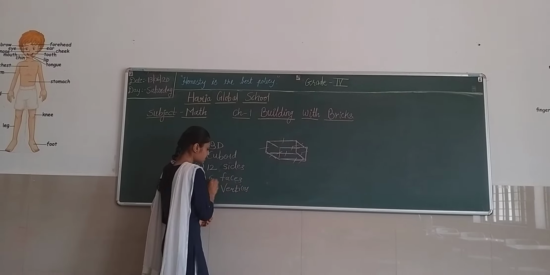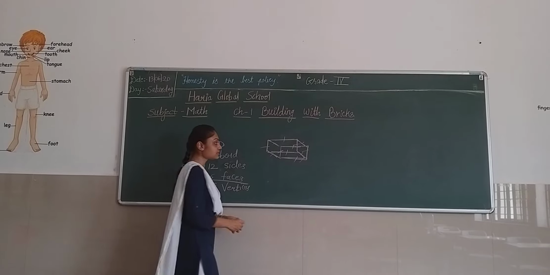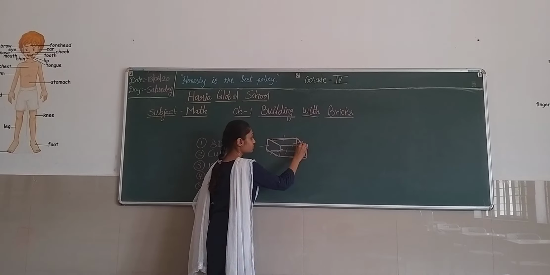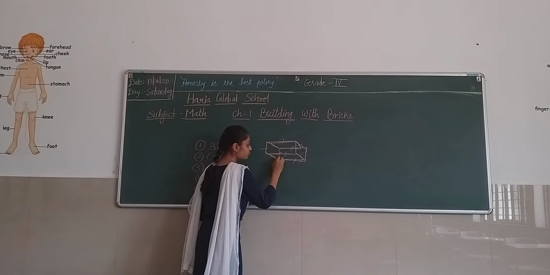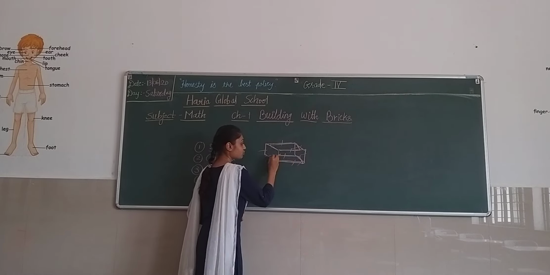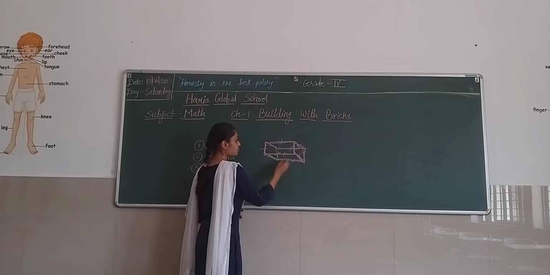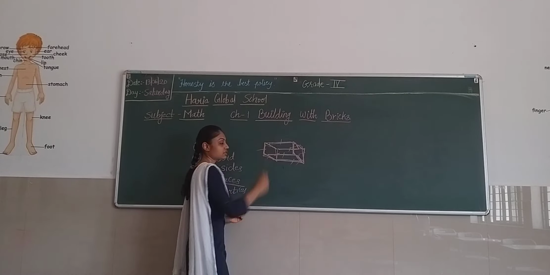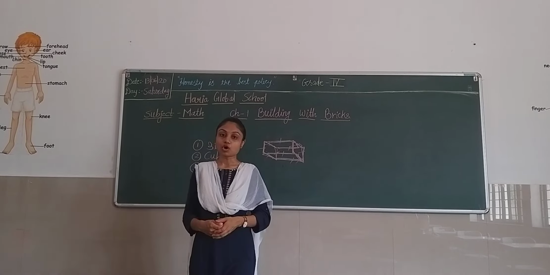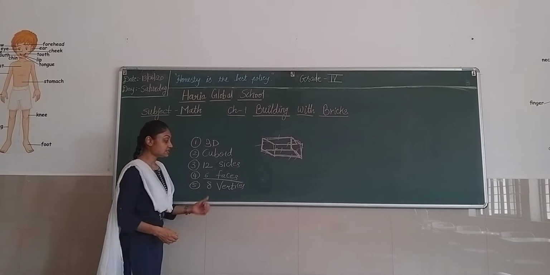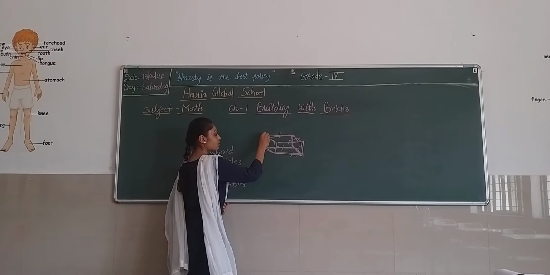Now, 6 faces. Which faces? Number 1, number 2, number 3, number 4, number 5 and number 6, that is top and bottom. So, 6 faces and 8 vertices.